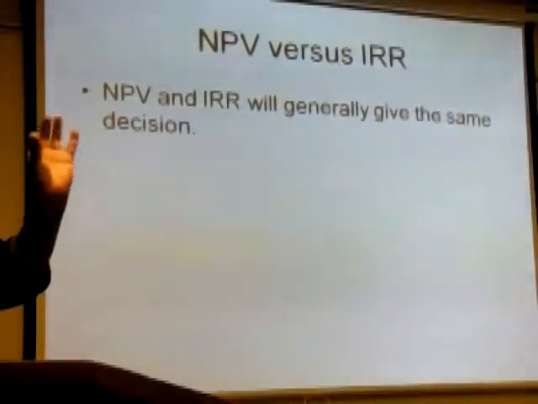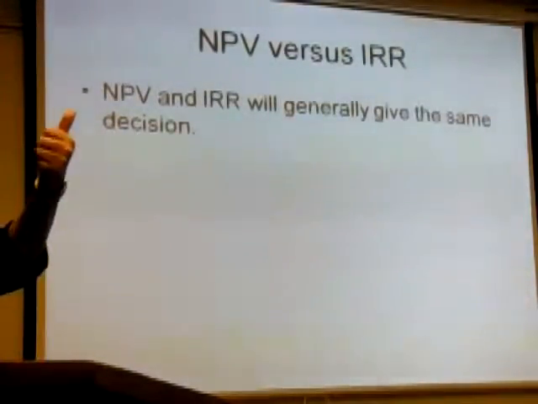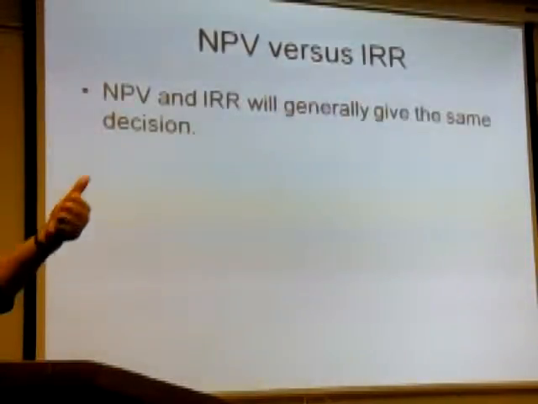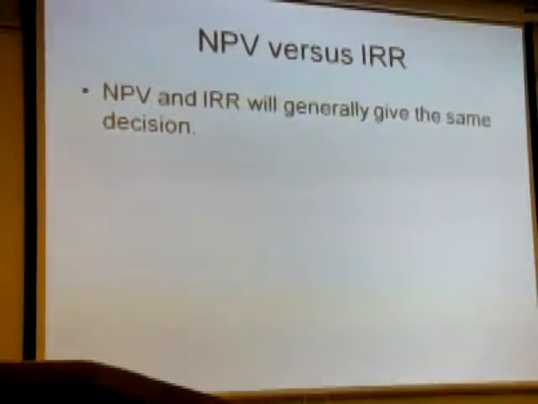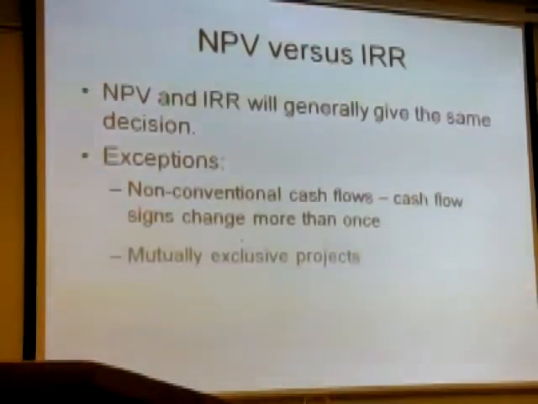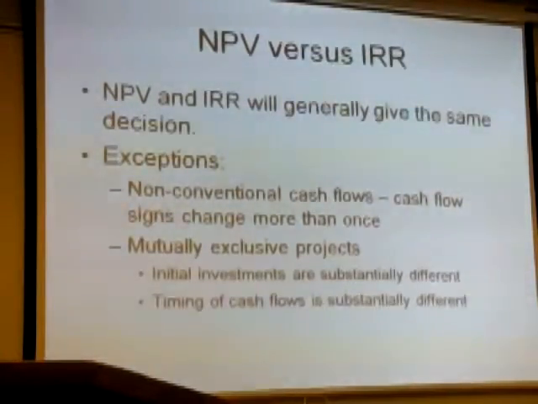But there is a 5% chance, due to mutually exclusive projects, cost of capital, time pattern, and scaling, that it might give you a wrong answer, particularly the multiple IRR problem. In that case, what we do is always go with NPV.